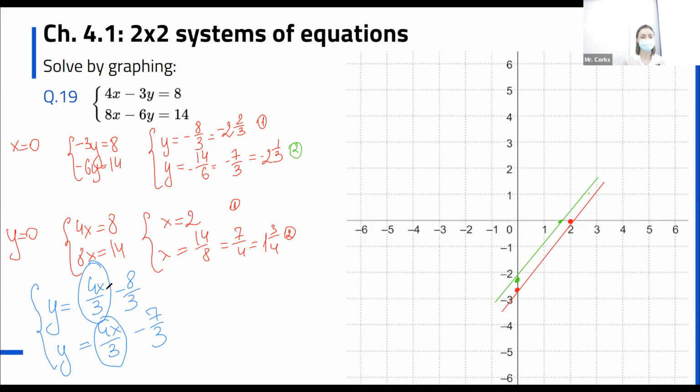So the slope is the same. The only difference is in these parts, which simply regulate how far down or up the line goes. So if we made this slope form, we could directly see that these lines are parallel to each other and that we don't have an intersection.